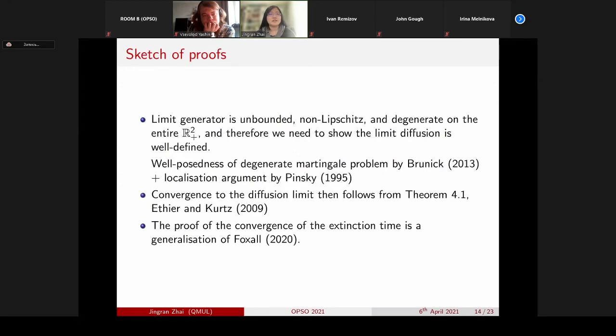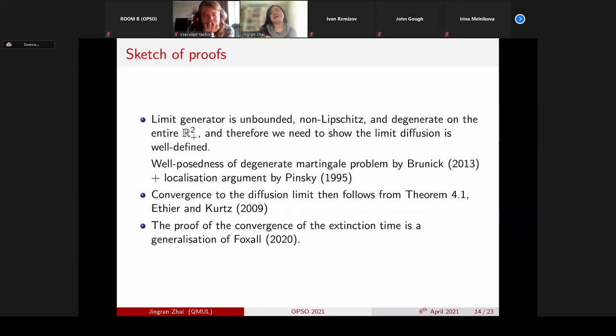So this is the sketch of proofs of the previous statement. Just a quick comment: what is different here is that the limit generator of this diffusion is degenerate on the entire R2 plus, and we need to first show that the limit diffusion is indeed well defined.